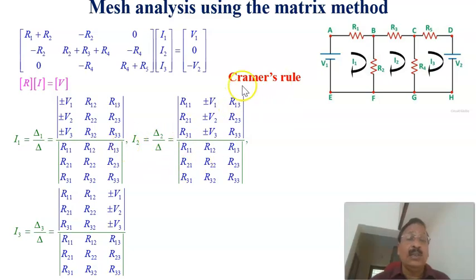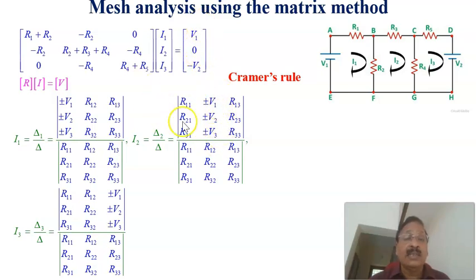Like that, as per Cramer's rule, I2, the second mesh current, is equal to delta 2 by delta. Delta is the total determinant of the coefficient matrix, the determinant of R11, R12, R13, R21, R22, R23, and R31, R32, and R33, in the denominator. In the numerator, since it is the second loop current, the second column is replaced by the voltage vector.